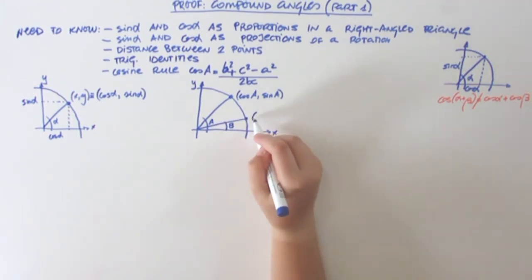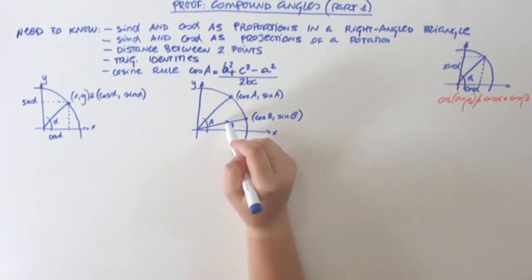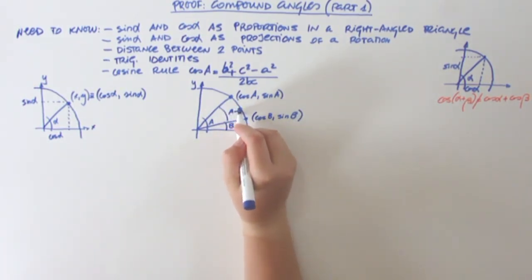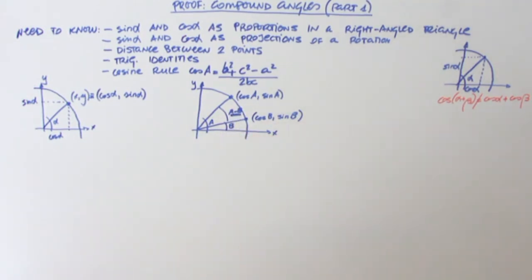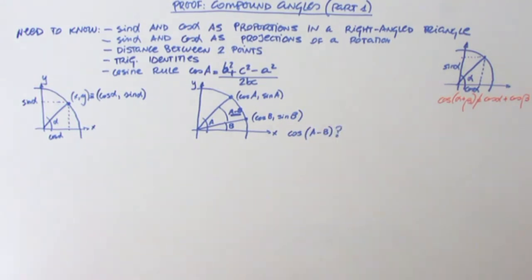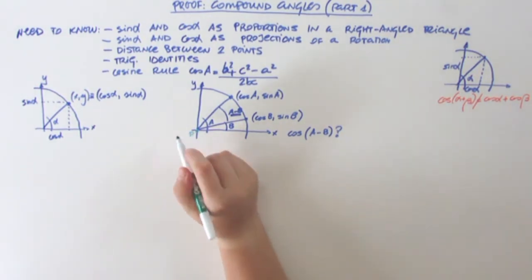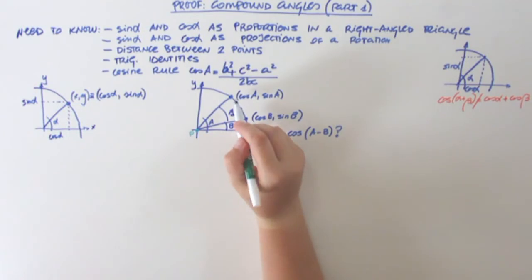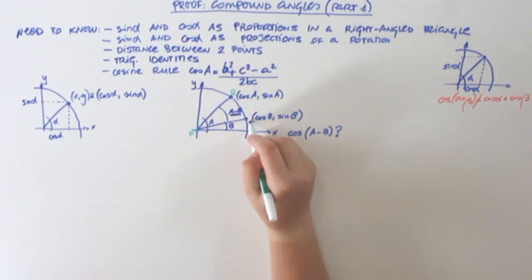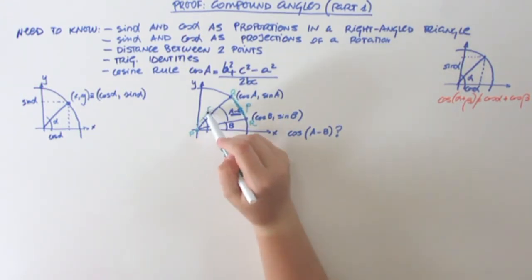The angle between these two vectors is A minus B, and I want to know how to calculate cosine of A minus B. Now, I know there is a formula to calculate the cosine of an angle inside a triangle. So let's see if I can form a triangle that contains A minus B. If I name this vertex P for the point at the origin, and if I name the other 2 points Q and R and join them, that is actually the side P of a triangle.